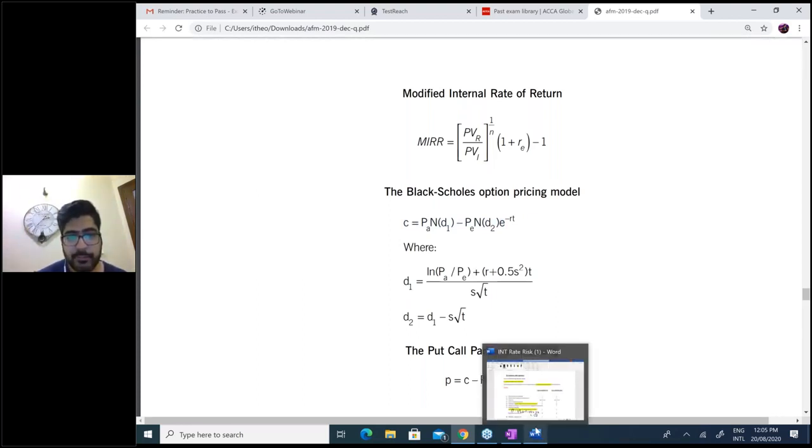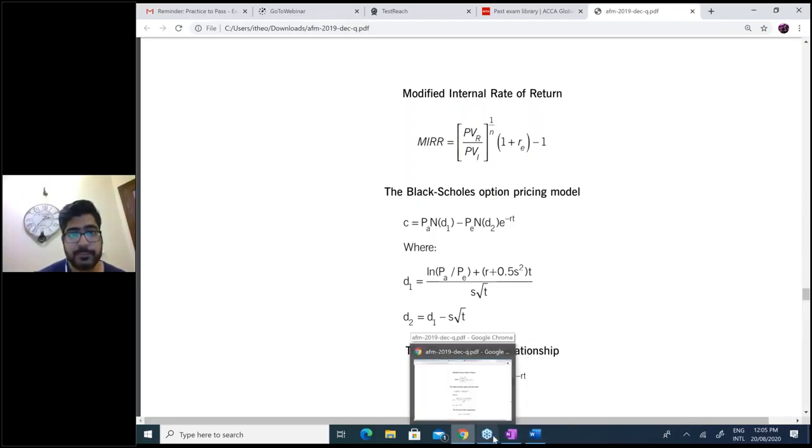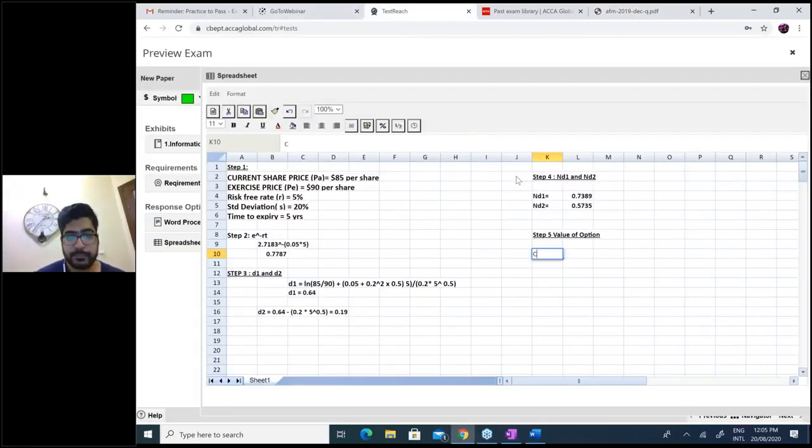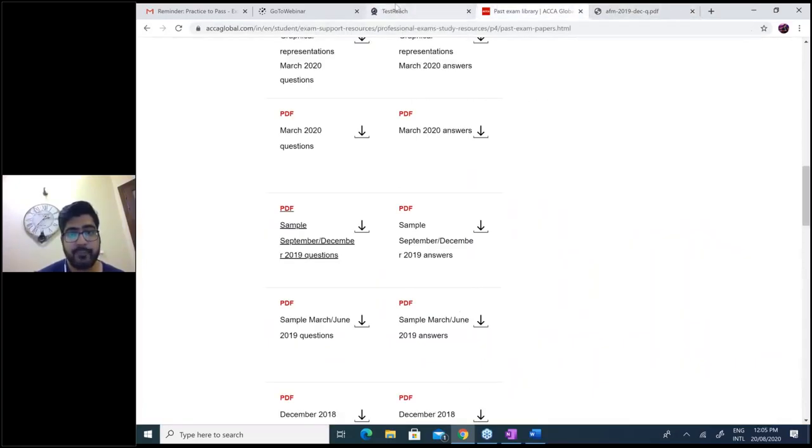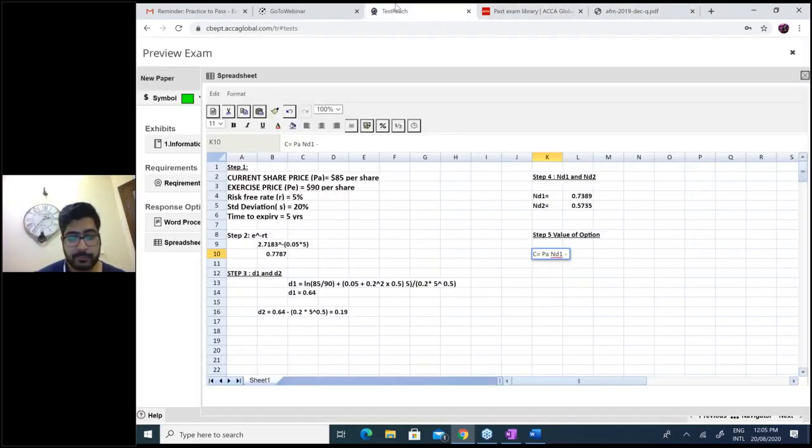C equals PA times ND1, minus PE times ND2 times e to the power minus RT.